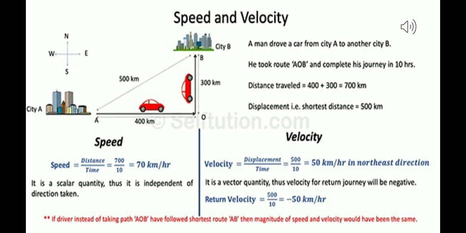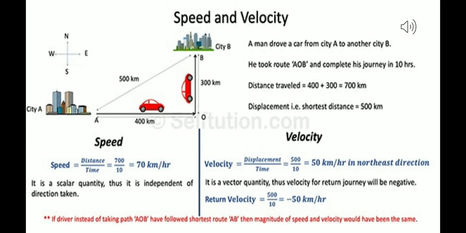If I have to talk in terms of definition, the speed of a body is the rate of change of distance with time, and numerically it is distance s upon time t, and speed is written as small v. Speed is a scalar quantity.